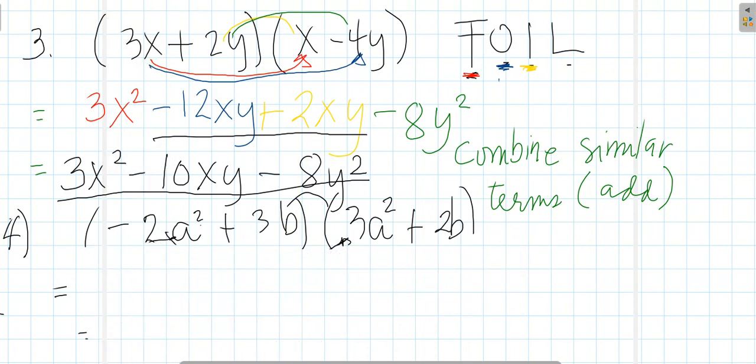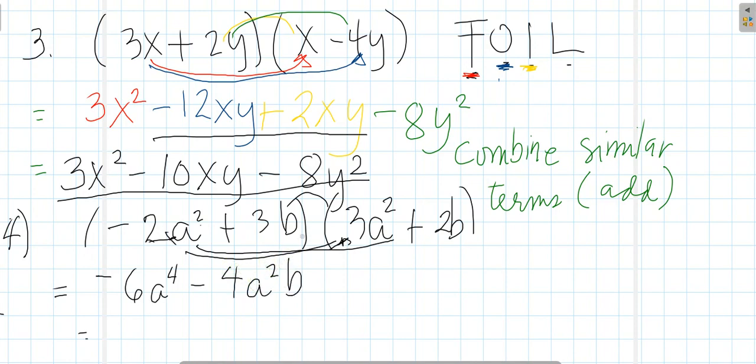Okay, so let's repeat. We have the first term times the first term: negative 6a to the fourth. Then negative 4a squared b, then positive 9a squared b, plus 6b squared.